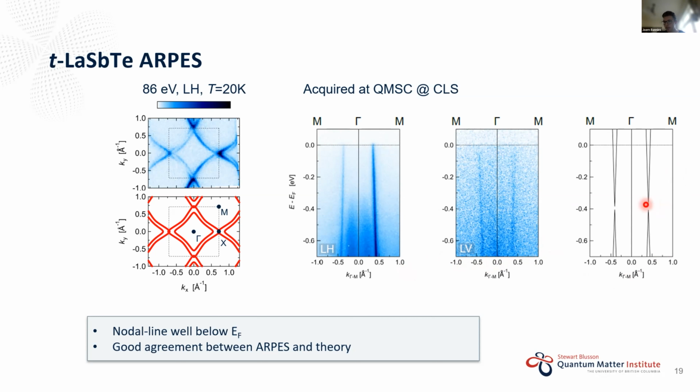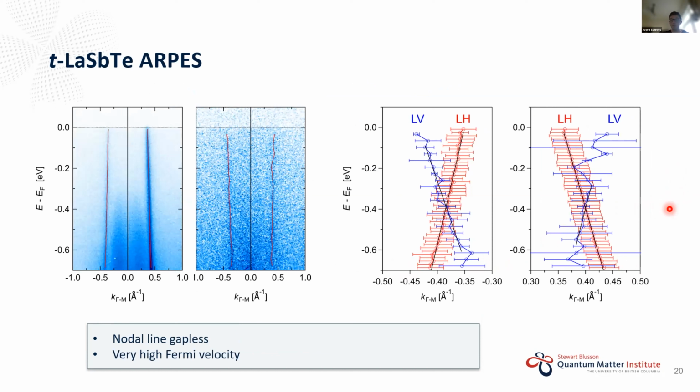The only reason there is a small gap here is because of the finite sampling in the k mesh. We can also confirm this by fitting momentum distribution curves. If we fit rows in this data, and do this for both polarizations, we obtain the positions of these bands as a function of energy, and we can confirm that, yes, indeed, these two bands are crossing and there is no gap. So with that, we have established the starting point, the tetragonal parent phase of this material.